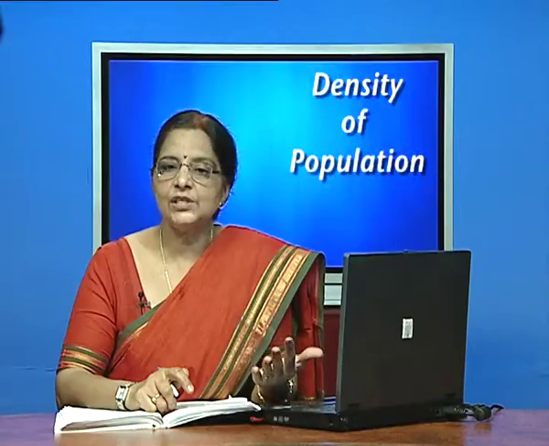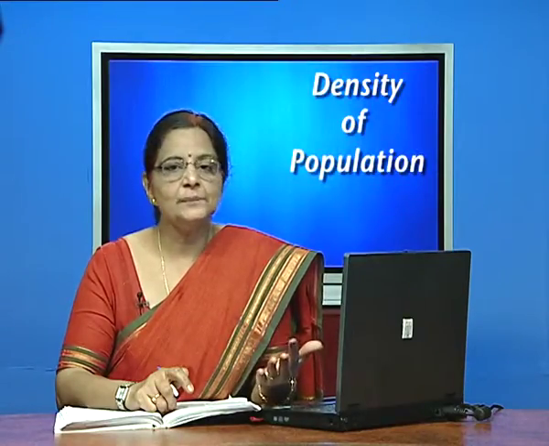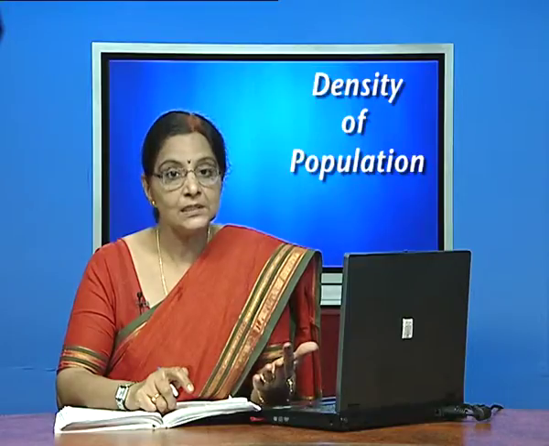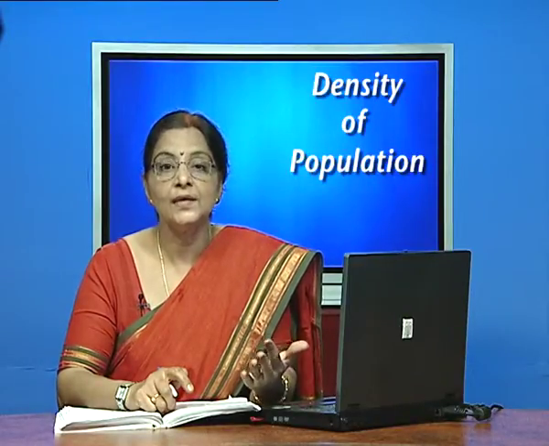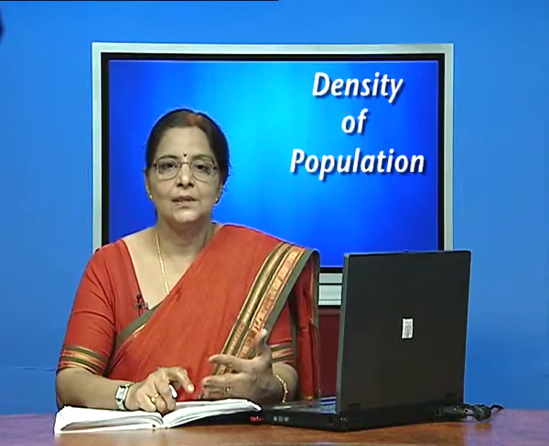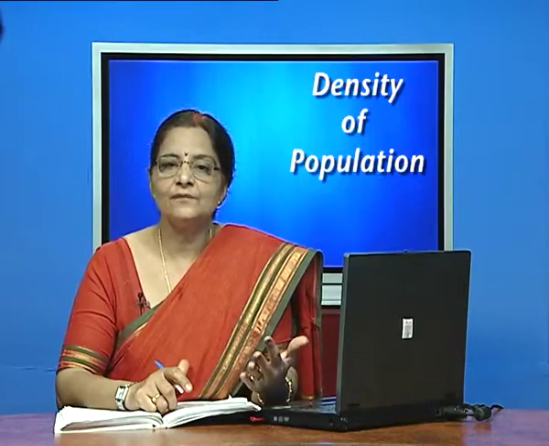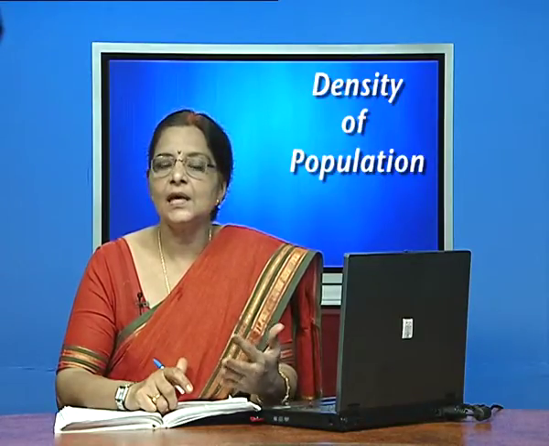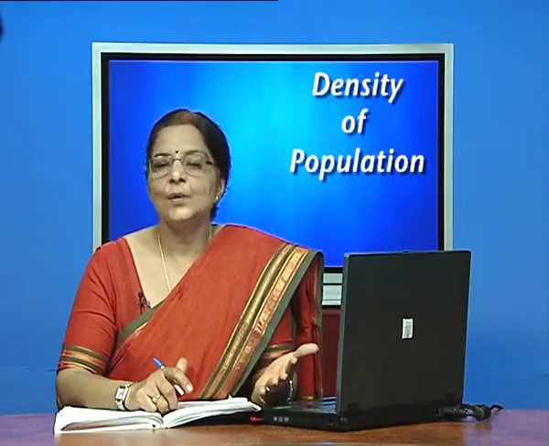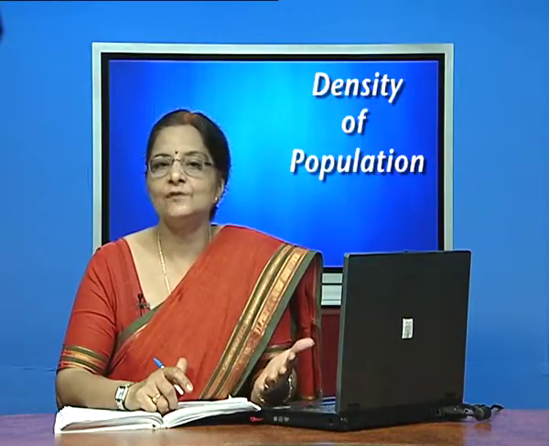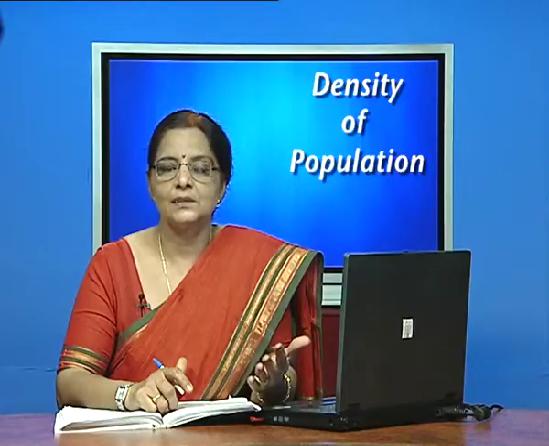Now, the third type of density is known as agricultural density. Now, here it changes. We do not take up the total population, but we take up the total agricultural population, because already we have spoken about that India is a land of villages, where the majority of the population lives in the rural areas.